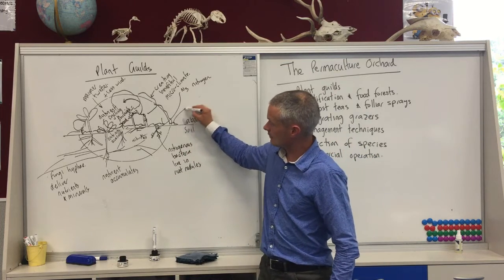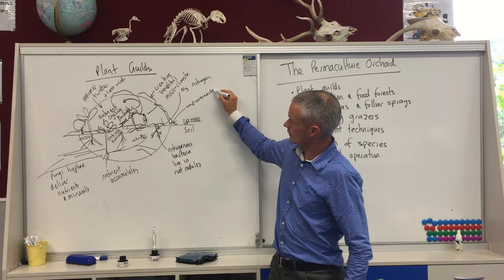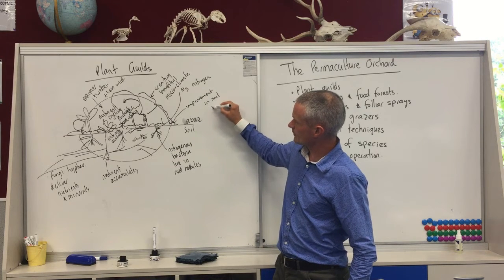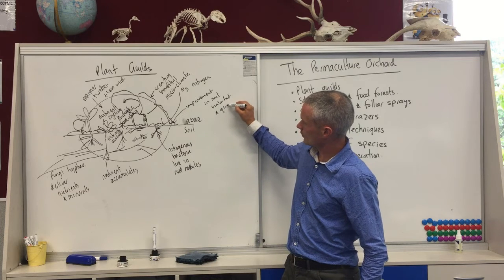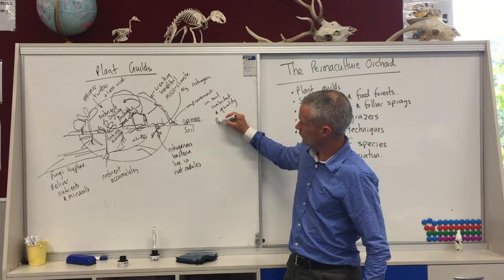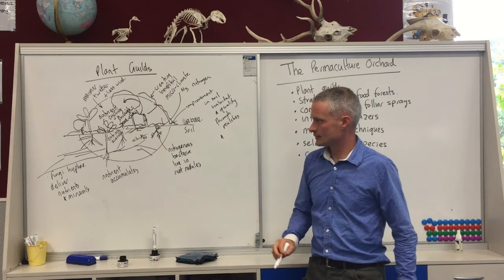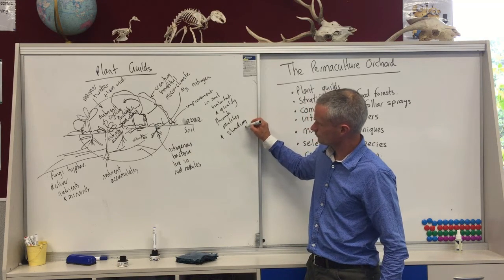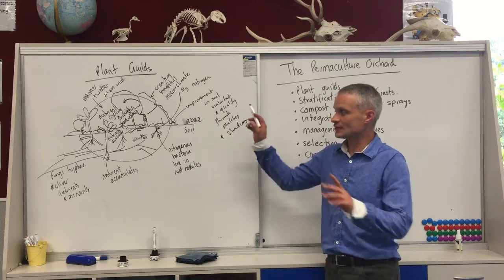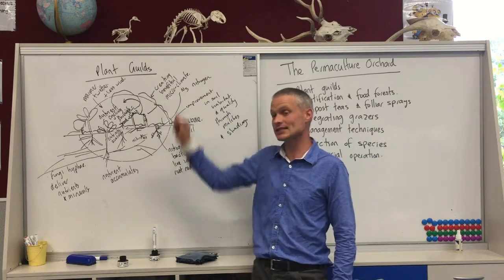So you're getting an improvement in soil habitat and quality through mulches and shading. So accumulatively, you're getting all of these multiple benefits from these plants working together.